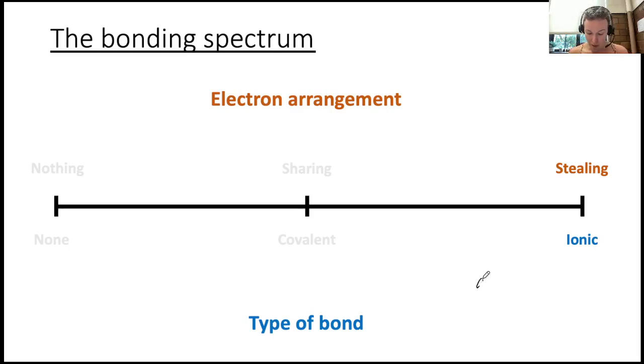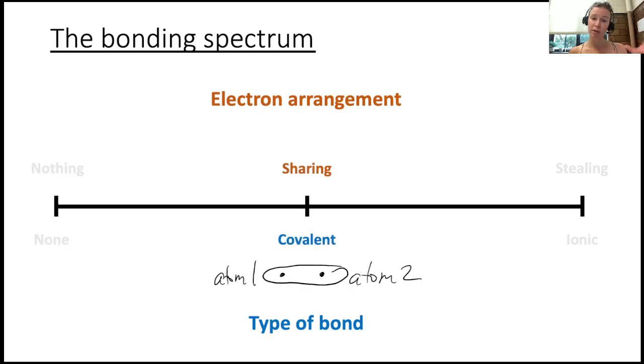So remember that both atom 1 and atom 2 in this drawing had 1 electron each. When they weren't bonded, they had their own electrons and weren't really doing anything with each other. In a covalent bond, those 2 electrons were being shared nicely between the 2.